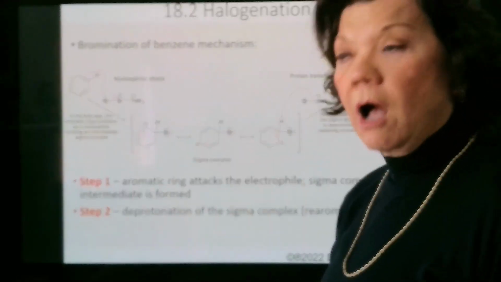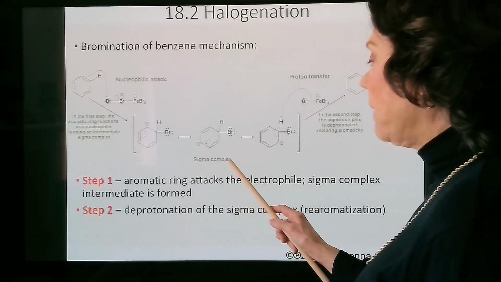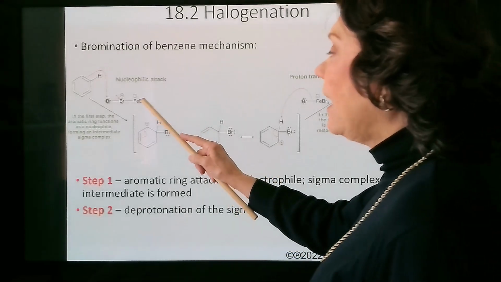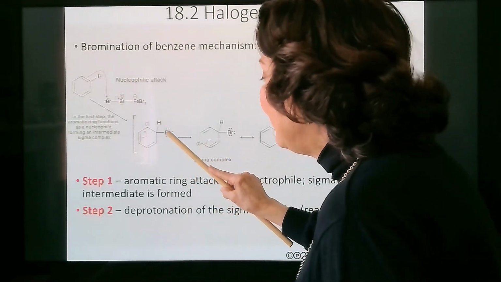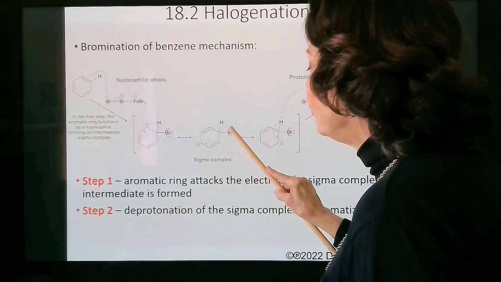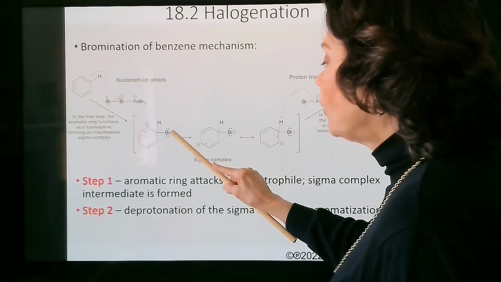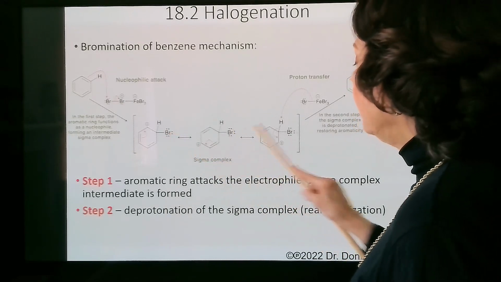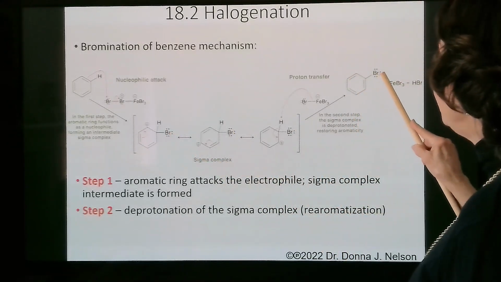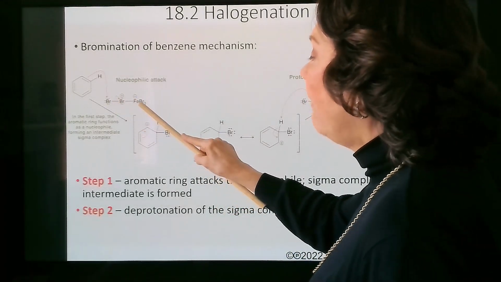Another thing that's common in each of these reactions is there will be a sigma complex. Whatever it is that the electrophile provides, that will be attached to the benzene ring in the sigma complex. In this case, it's a bromo functionality. That is what the substituent is. That is what this electrophile is providing.